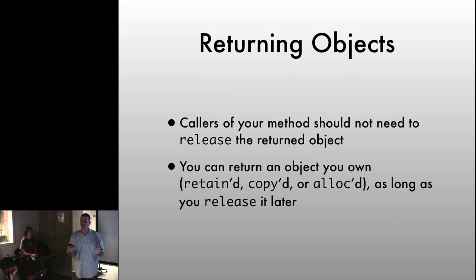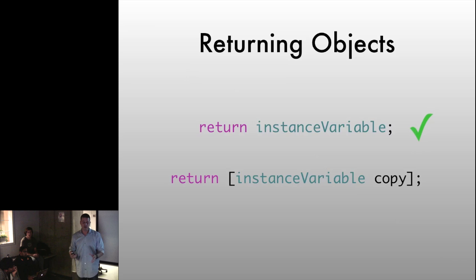So what happens if you're just a factory method, but you don't want to have to create another method later that says, okay, call me because I need to release all of the objects that I've allocated. So we can return back an instance variable.